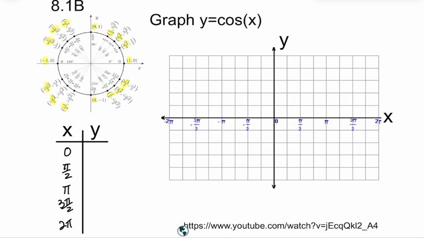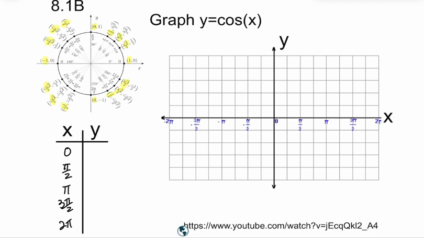Sometimes, like on your homework, I might say, graph it out 2 periods, 2 sets of the wave instead of just 1. So sometimes I'll say fill up the graph paper. So continue the wave and the pattern, go up and down, then up and down to fill up the graph paper.